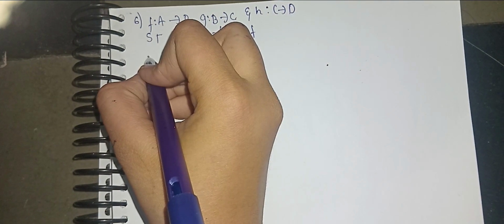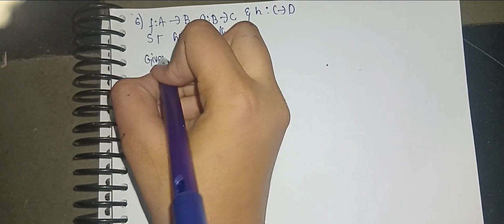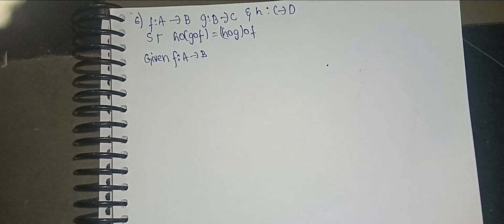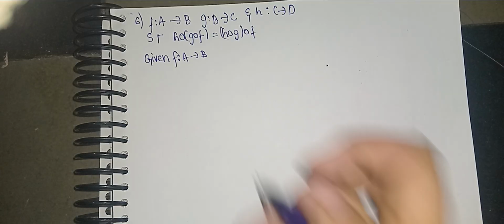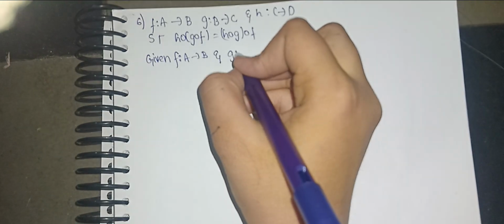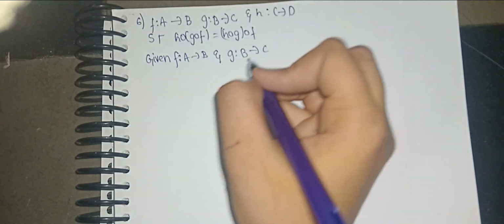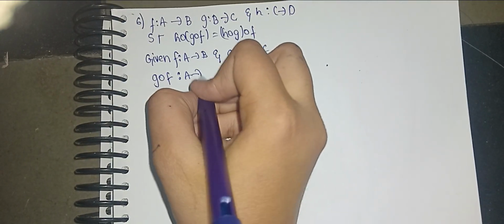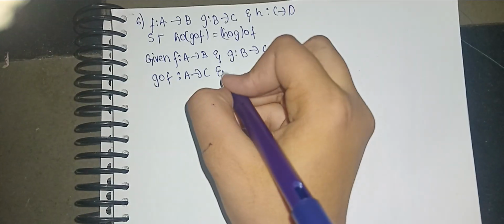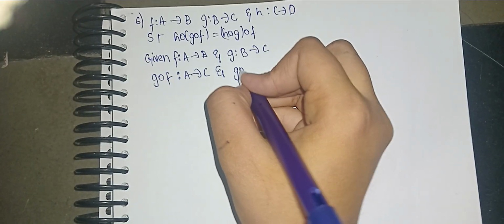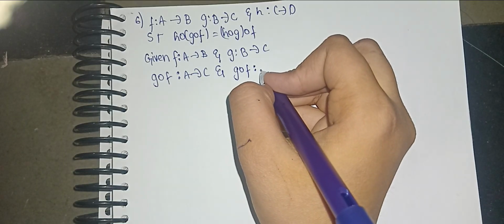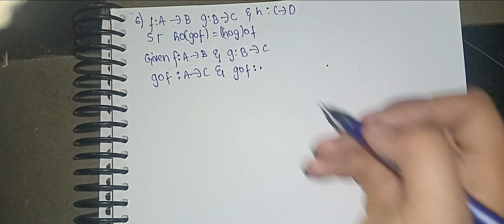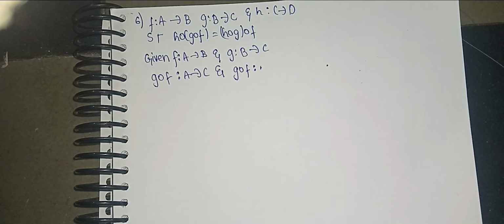Here they gave that f is a to b and g is b to c and g of f is a to c, and g circle f is a to c. How we can say that?